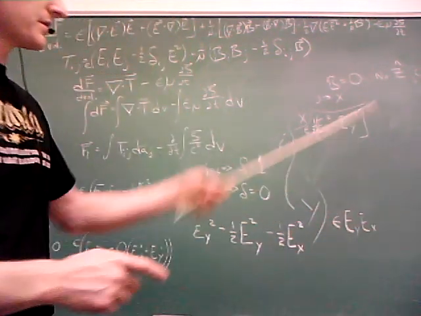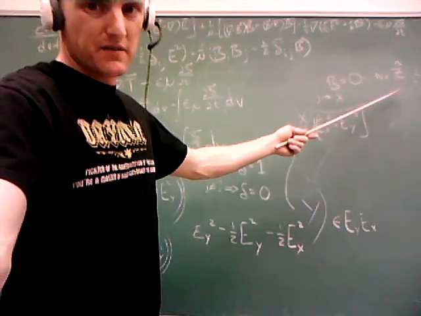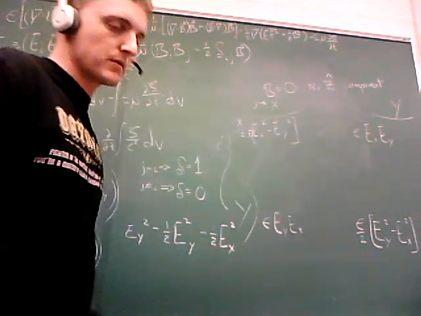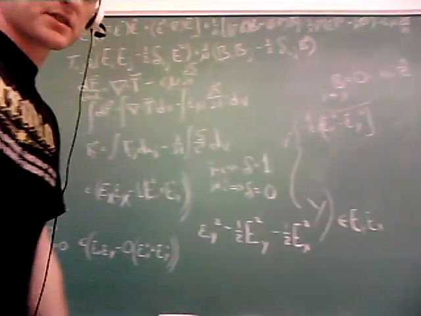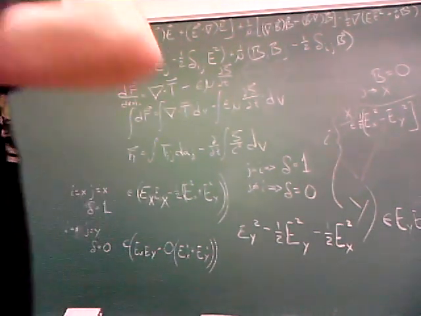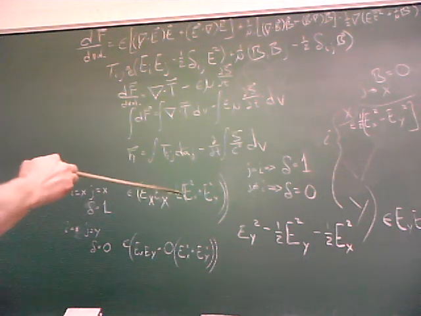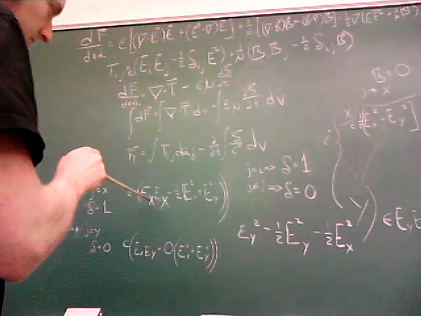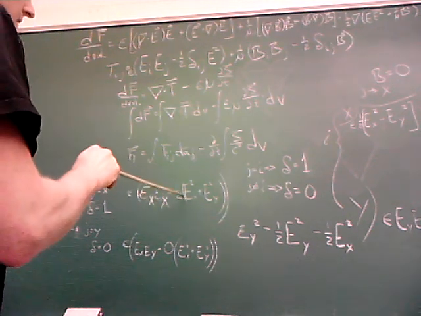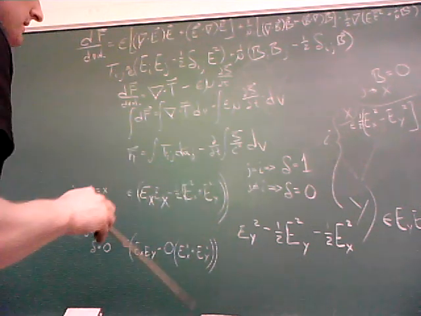I'm leaving out the B field this time, and the z component, to make this just a 2 by 2 matrix. Not very long. So in order to work this out, we plug in x for i, and this time x for j, minus 1/2 times E sub x squared plus E sub y squared.